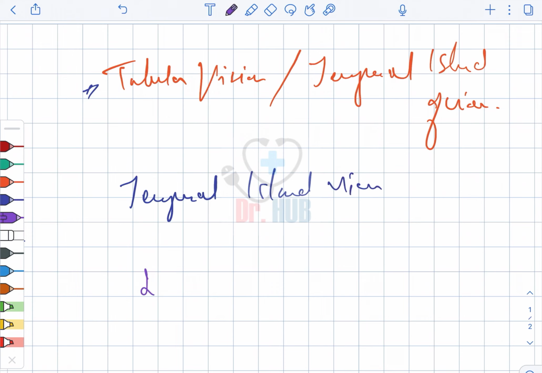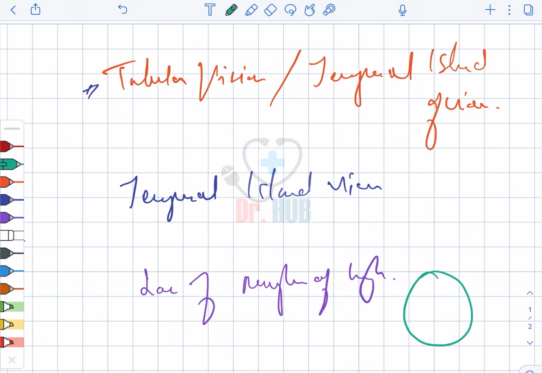Next comes the loss of perception of light. So just to represent the loss of perception of light, it encloses everything. Whereas in case of the temporal island vision, it almost covers everything except a slight crescent shape is left out.